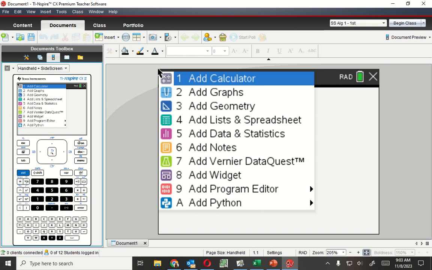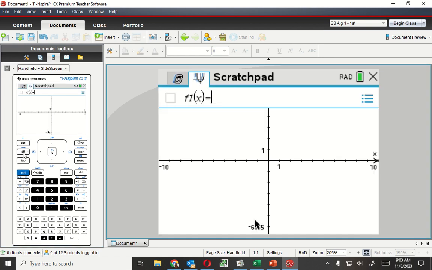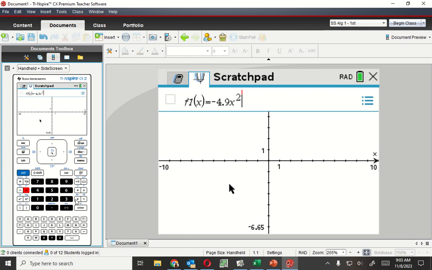How dare you, the teacher, ask me to take out my calculator? All right. I'm just going to go scratch pad here. I'm going to put in my original function, which was -4.9 x squared plus 29x.